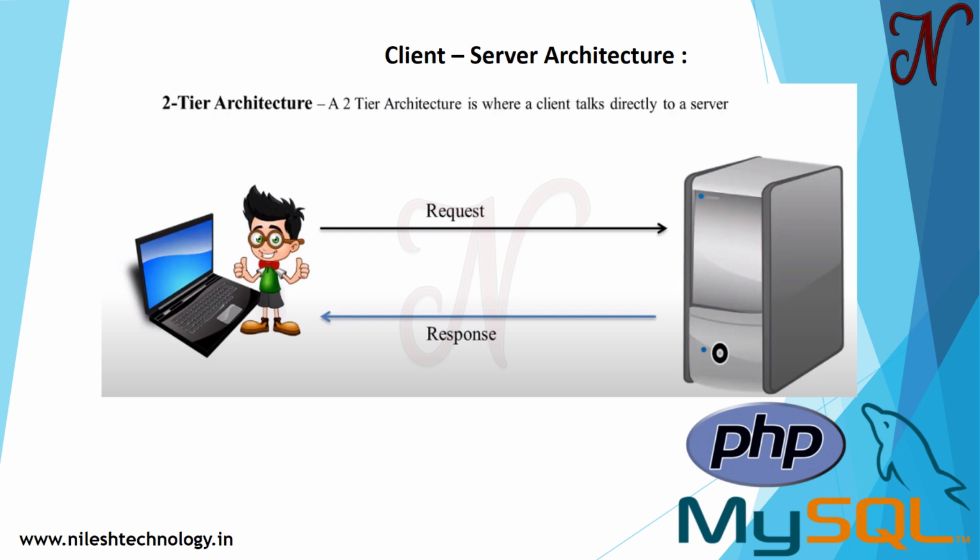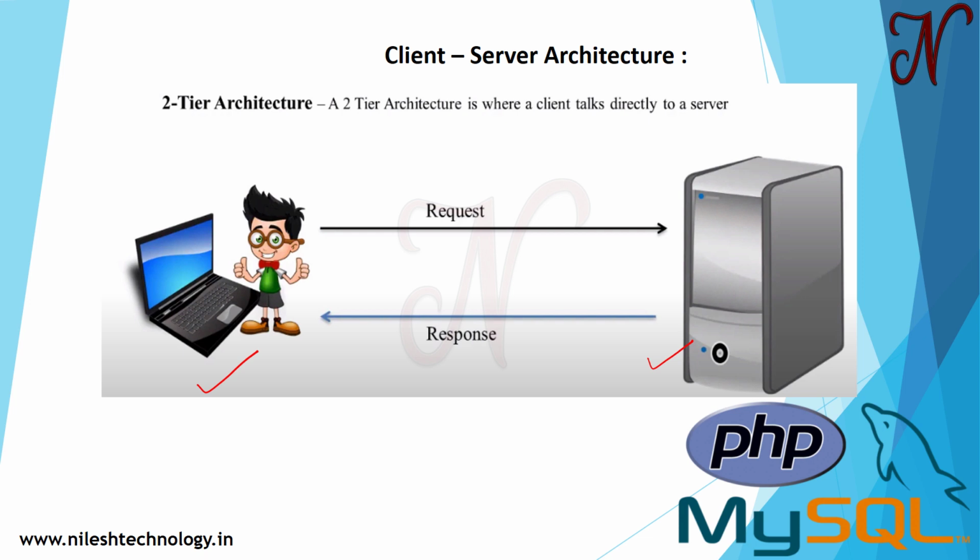Next is the 2-tier architecture. Two-tier means that there are two nodes, one is the client and one is the server. In this type of client-server environment, the user interface is stored on the client machine and the database is stored on the server. Database logic and business logic are handled at either the client or the server side.